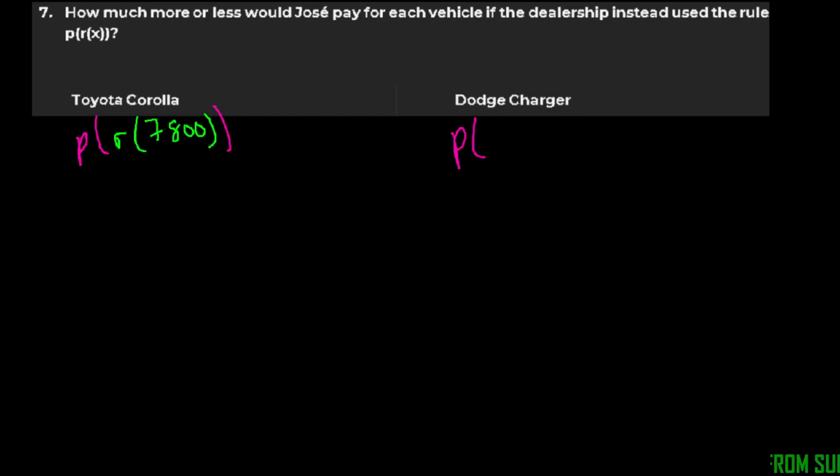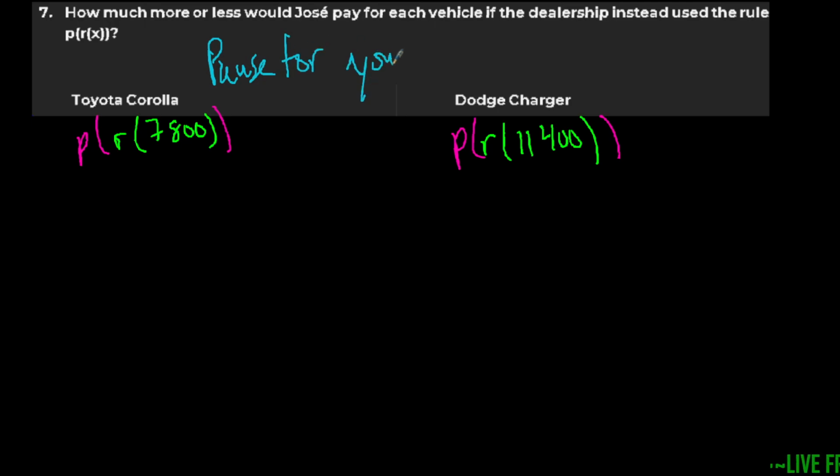I'd say P of R of 11,400. Notice it just has the P and R switched, but it's going to give you different values entirely. So same idea. Pause for your turn and use Desmos. Again, ask for help if you get stuck. I want to make sure you guys are good on this.